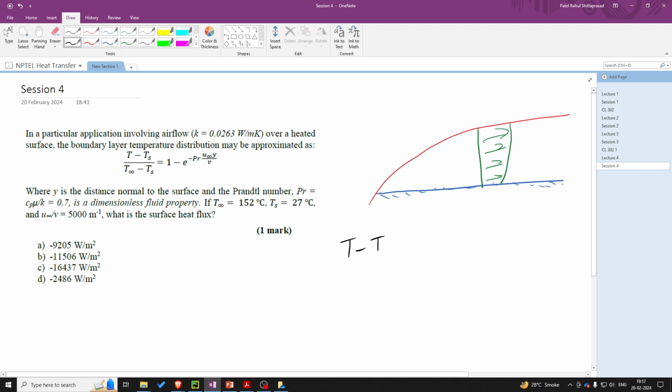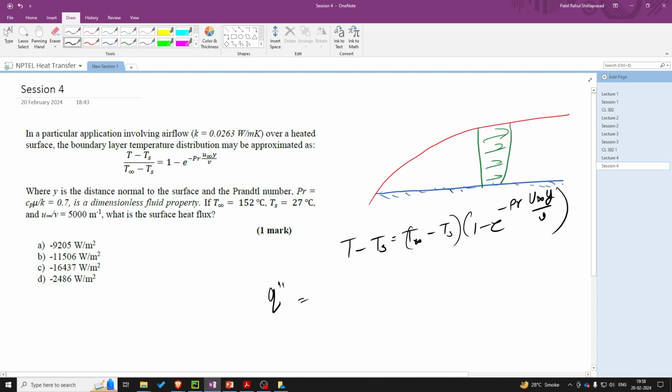T minus Ts is equal to T infinity minus Ts times 1 minus exponential of minus Pr U infinity y by nu. And then we have been asked to find q double dash. So at the surface, we can write the heat balance as the heat flux due to conduction and the heat flux due to convection, both will be equal.